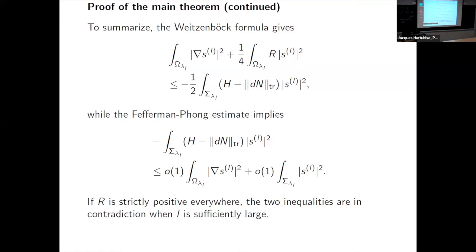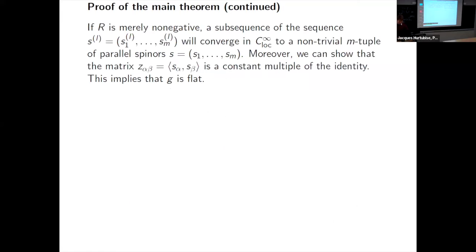I mean, if L is large, then they would tell you that S_L has to vanish identically, which is contrary to the assumption. And so in particular, that tells you cannot have strictly positive scalar curvature.